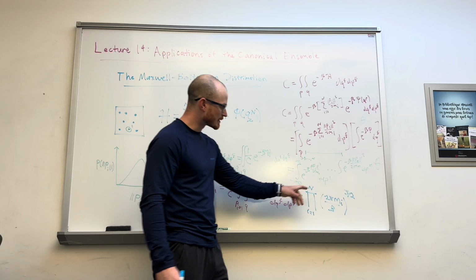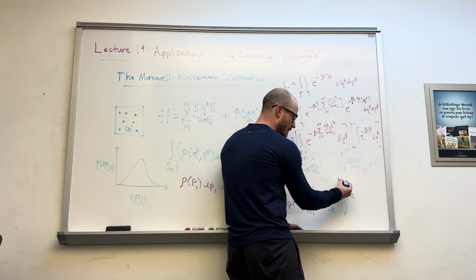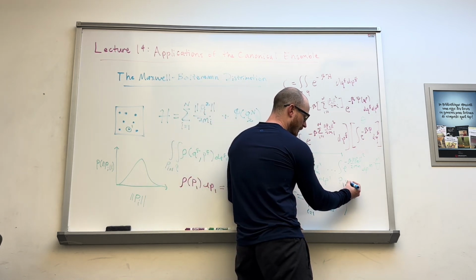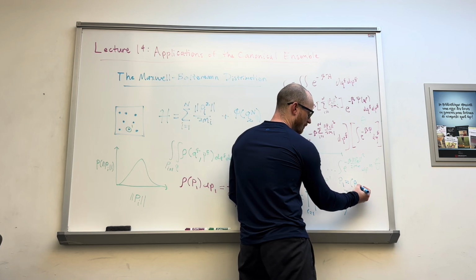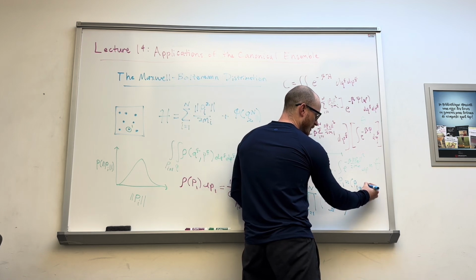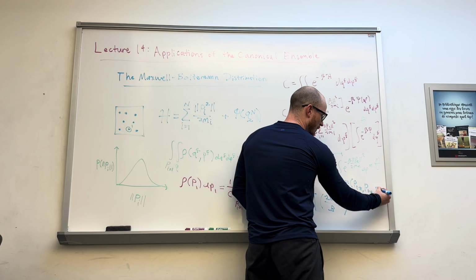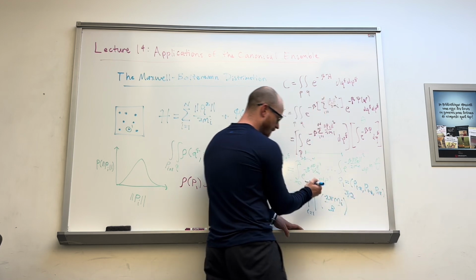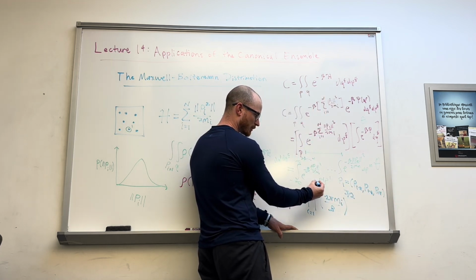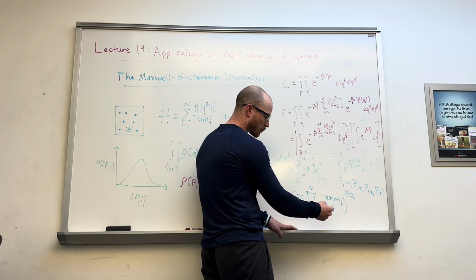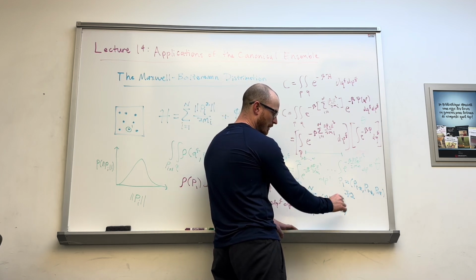And the reason for that is that each one of these P's, P1 is technically 3 components. It's P1x, P1y, P1z. So you can further split this into 3 integrals in x, y, and z. Each one has a solution of 2 pi mi over beta to the 1/2.